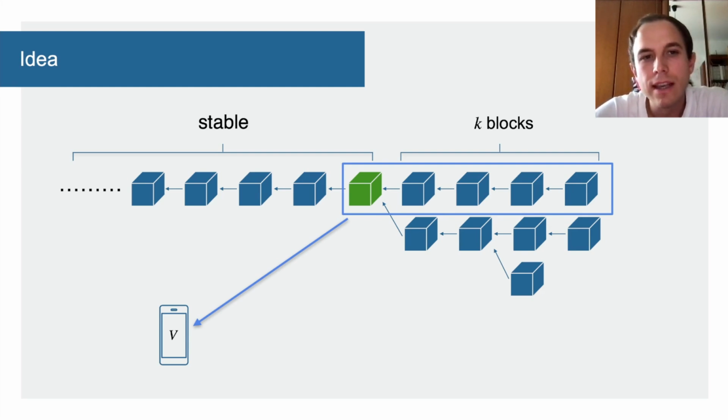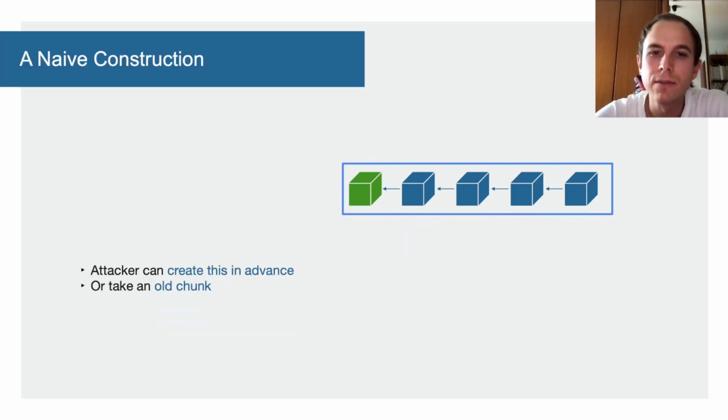So this is a nice idea. Unfortunately, it has some issues. If we only construct it like this, then an attacker can create this chunk of blocks in advance, or it could simply take an old chunk and send it to us, and we would be convinced of an invalid state, or maybe an old state.